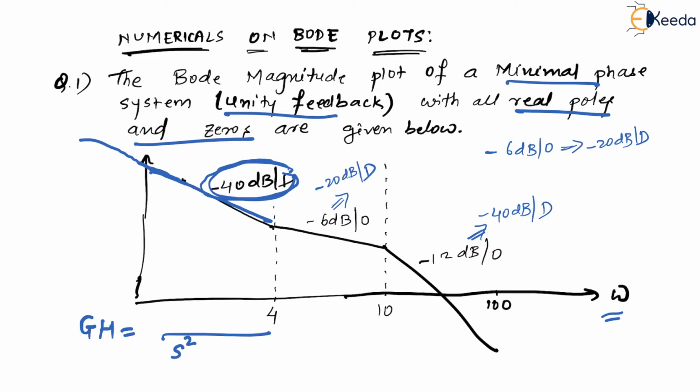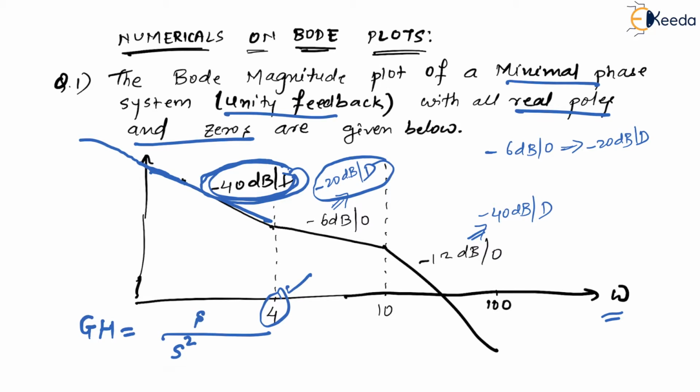Now what next? If you see, at 4 this minus 40 dB per decade got changed to minus 20 dB per decade. Means 20 dB slope was added at 4, which means at 4 you have a zero.